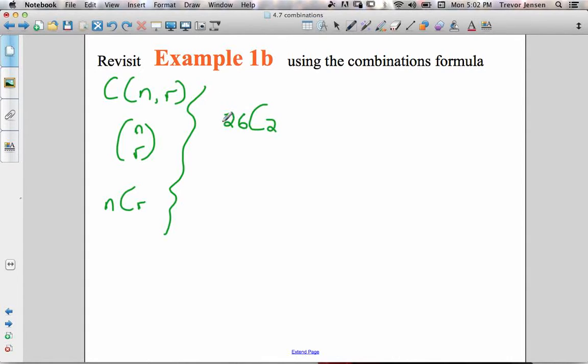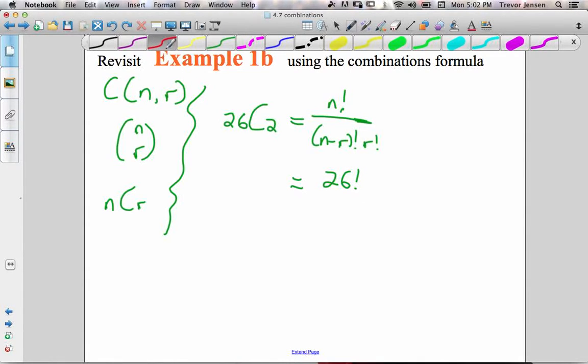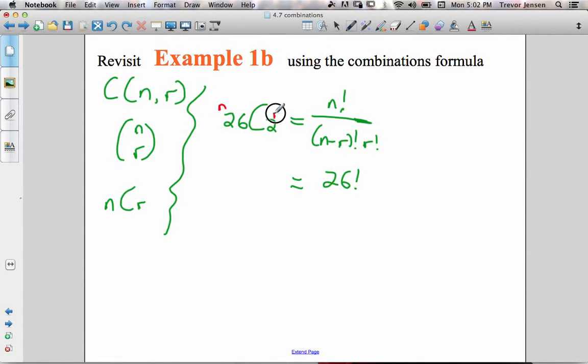So the way I would say this is 26 choose 2. And use the formula n factorial over n minus r factorial times r factorial. So let's actually go ahead and calculate how many different handshakes are possible. So I would have to do 26 factorial. Keep in mind, here's your n, here's your r.